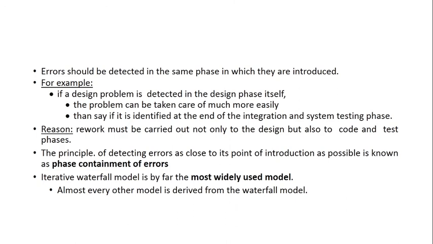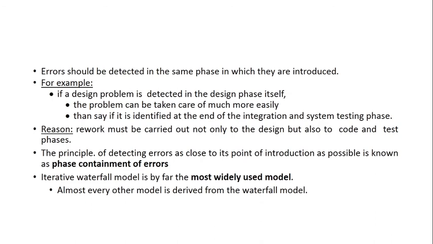Now, the iterative waterfall model is by far the most widely used model. Since it is the basic model, the flaw that was present in the classical one was that we don't have a feedback path. Here we have given the feedback path, and we can practically use it in each and every situation. All the models that we are going to study subsequently are based on this iterative waterfall approach.